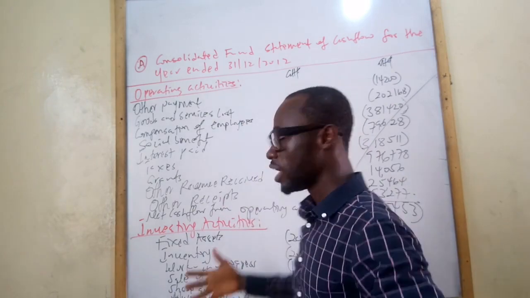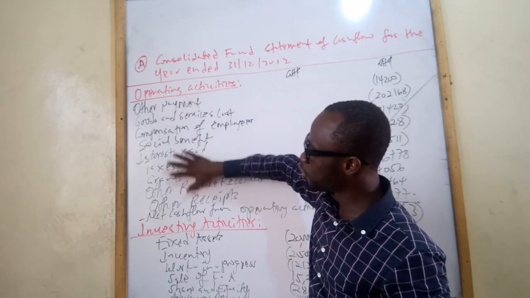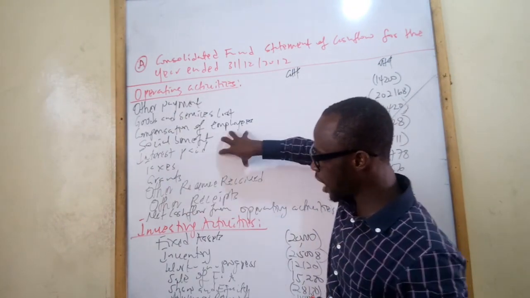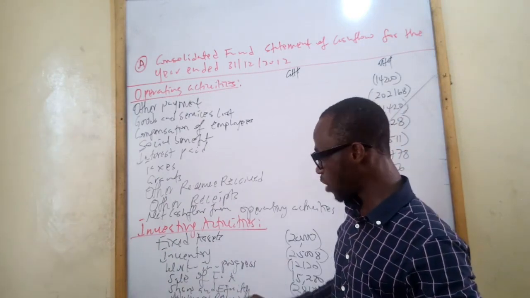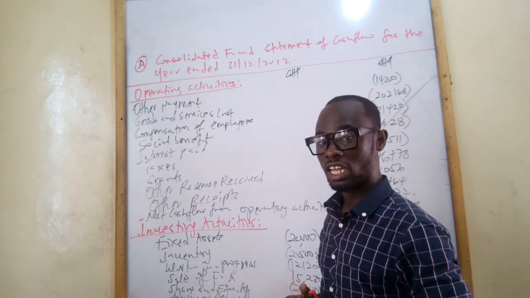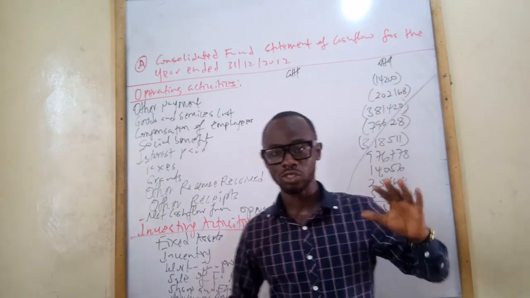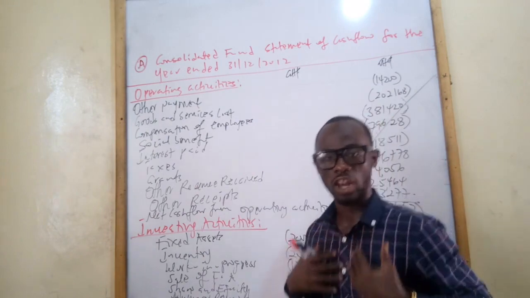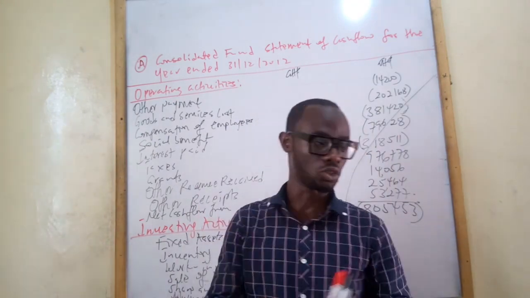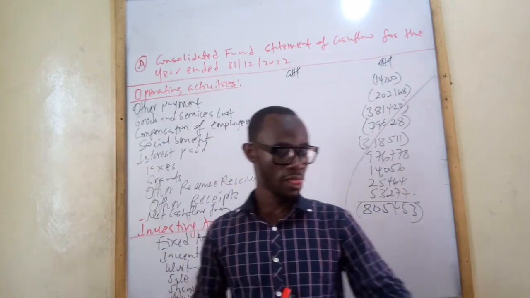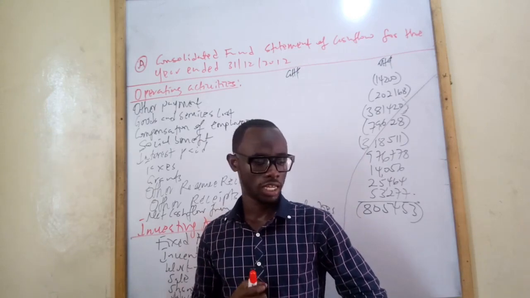So that is how the cash flow is prepared. Remember, operating activities, you're going to bring your payments and then the receipts here. Under investing activities, fixed assets, inventory, work in progress, advances, any sale of fixed assets will be brought here. Then under the financing activities, items such as loan received and loan repayment will be captured. So this is how we prepare the cash flow statement for the public sector.